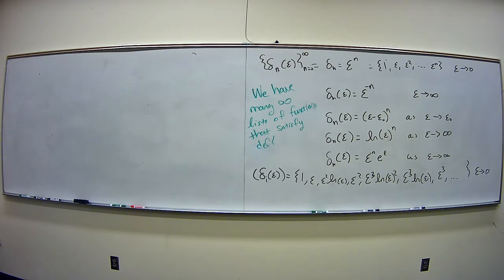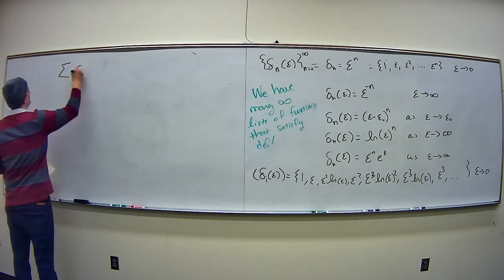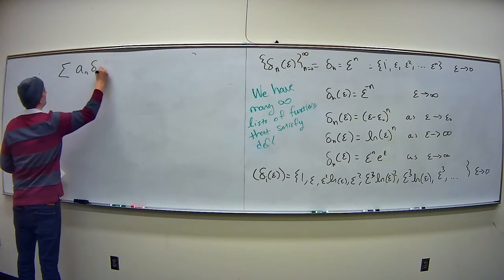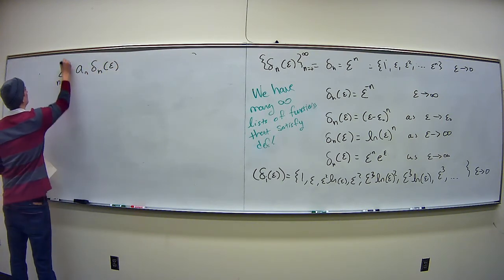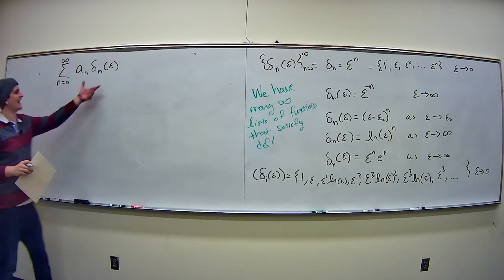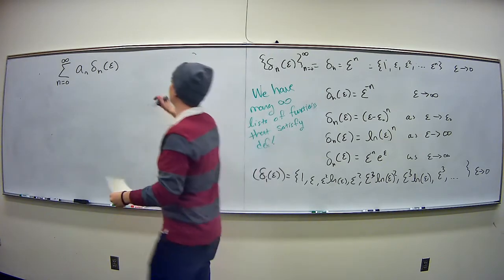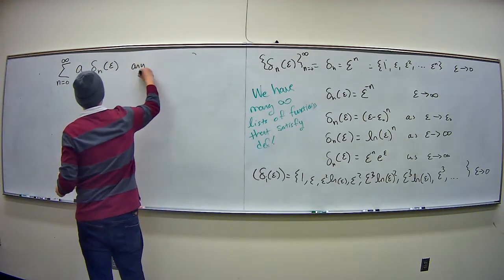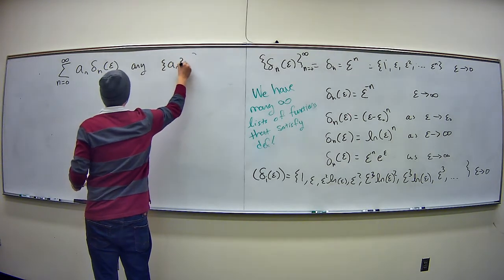Right? So then you can just have an asymptotic sum, where I take that list of functions that obeyed that property, and I just multiply them by any arbitrary set of coefficients.